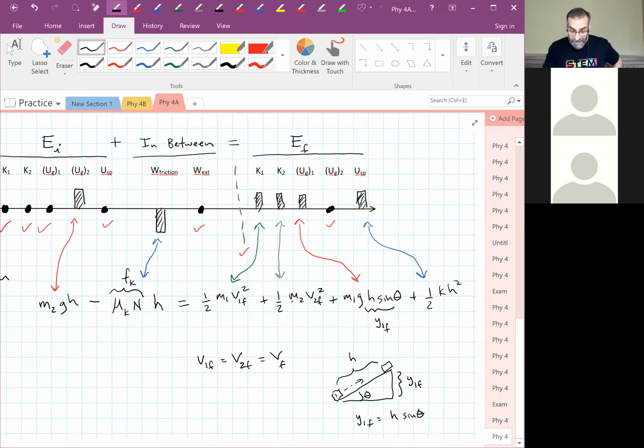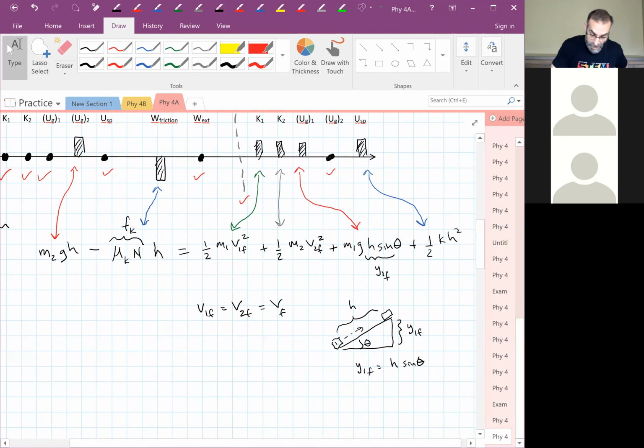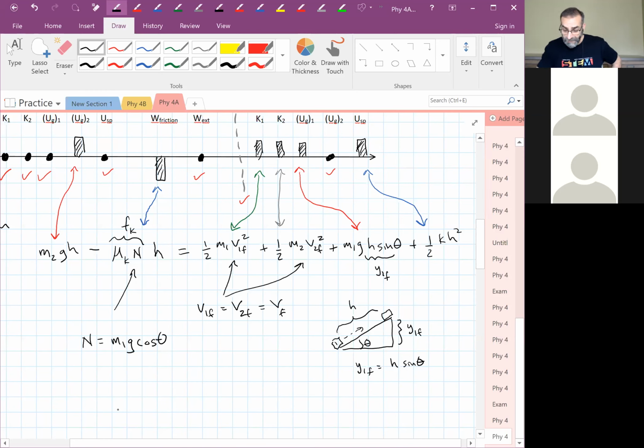Normal force, you have to find the normal force. Yeah, we do know the normal force. Normal force is going to be M1G cos theta, right? So this is where somebody mentioned earlier drawing free body diagrams.